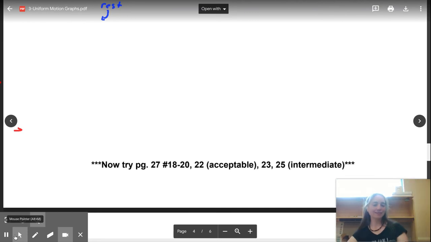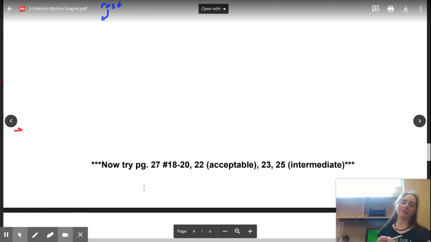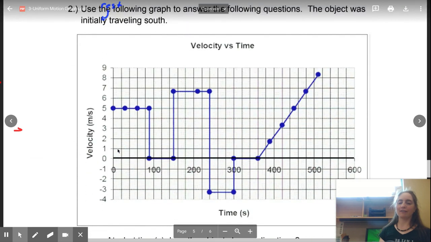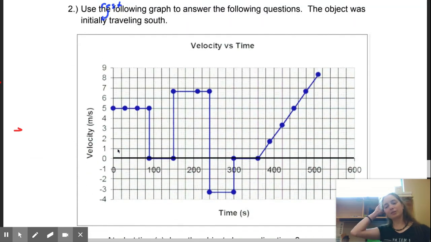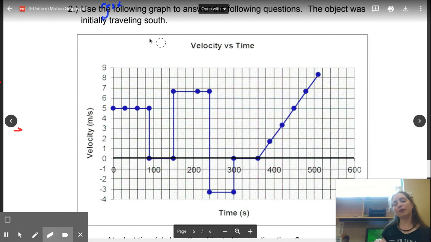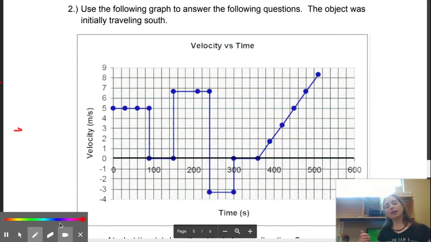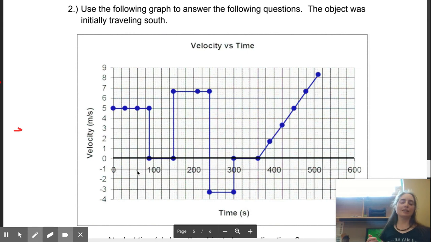We're back! Awesome! I'm assuming you've paused the video and you have gone and done these practice questions. Okay. So let's go and look at our next graph here, ladies and gentlemen. So this is a really tough one here, as we're now going to be looking at a velocity time graph.